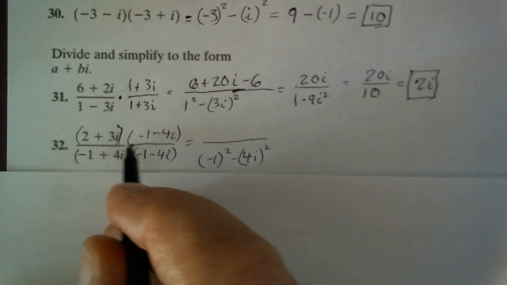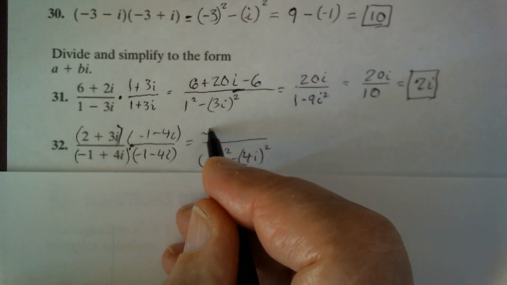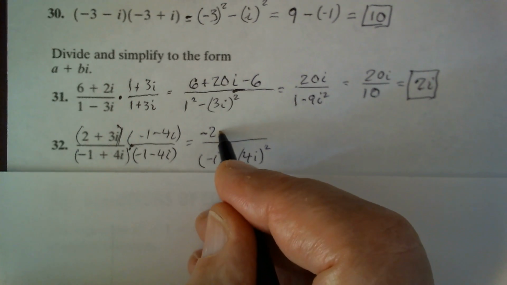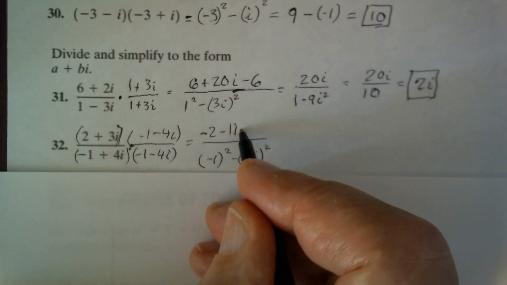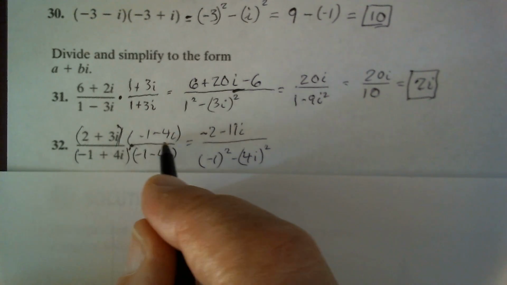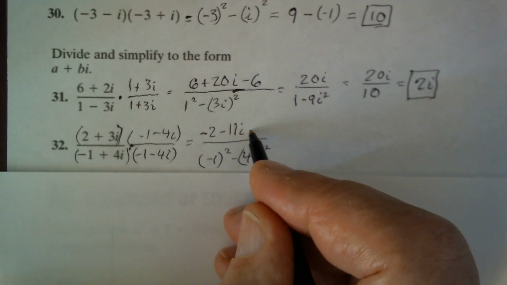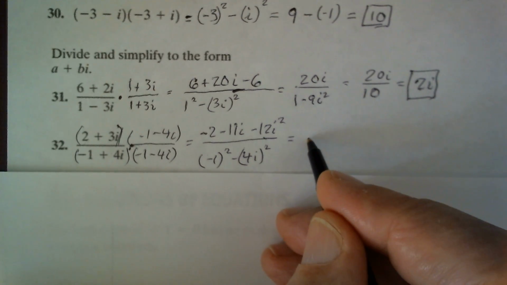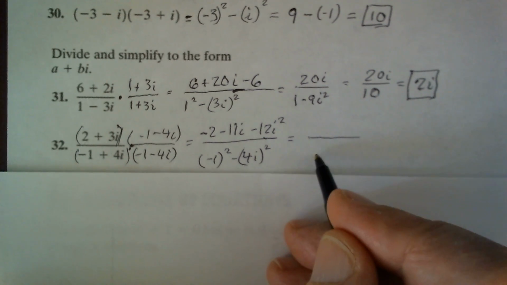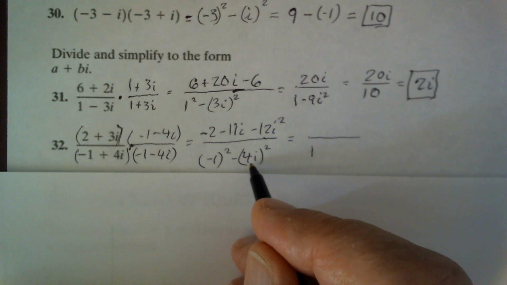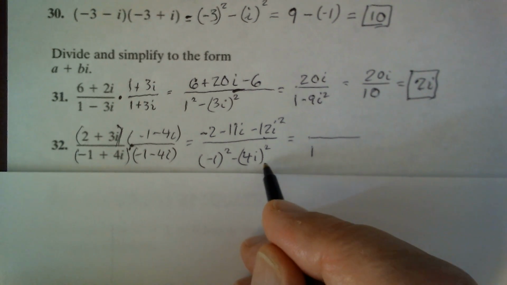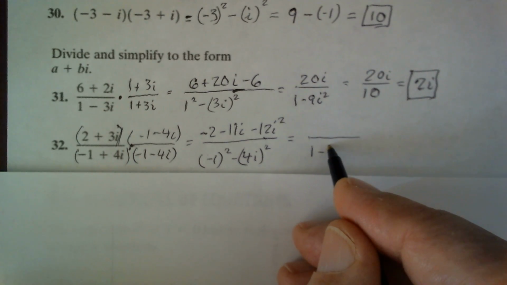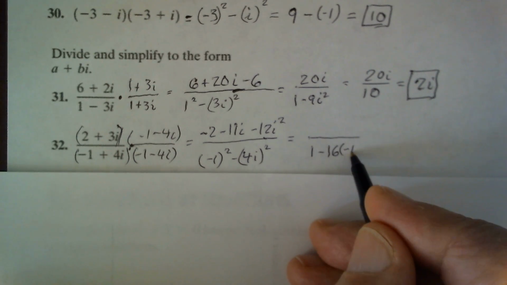And in the numerator, we get 2 times minus 1 is minus 2. And minus 8i minus 3i is minus 11i. And then we have 3 times minus 4 is minus 12i squared. So that means in the denominator we get 1, and then 4i squared is 16i squared. And since i squared is equal to minus 1, so minus 16 times minus 1.